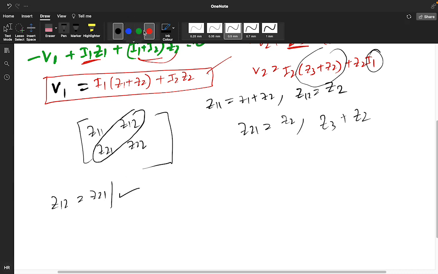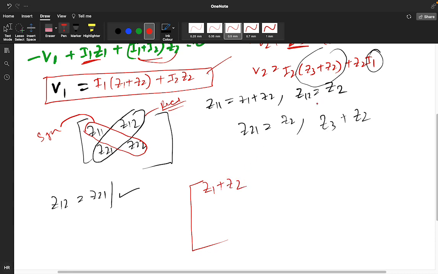And if the diagonal elements Z11 is equal to Z22, then this is for symmetry and this is for reciprocity. So put all the values. Z11 value is what? Z1 plus Z2. Z12 value is what? Z2. Z21 value is what? Z2.